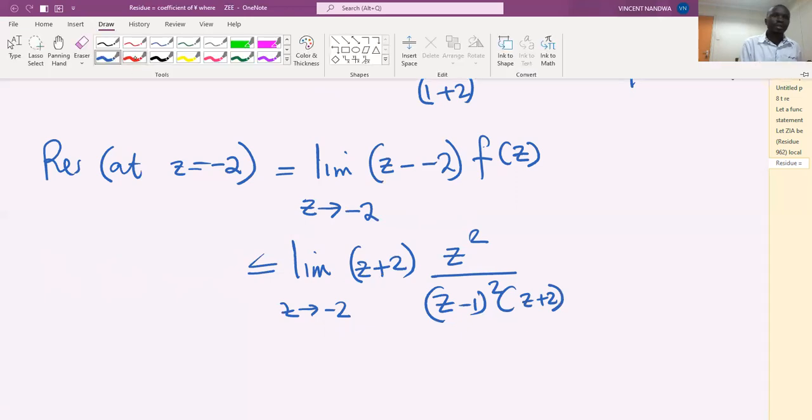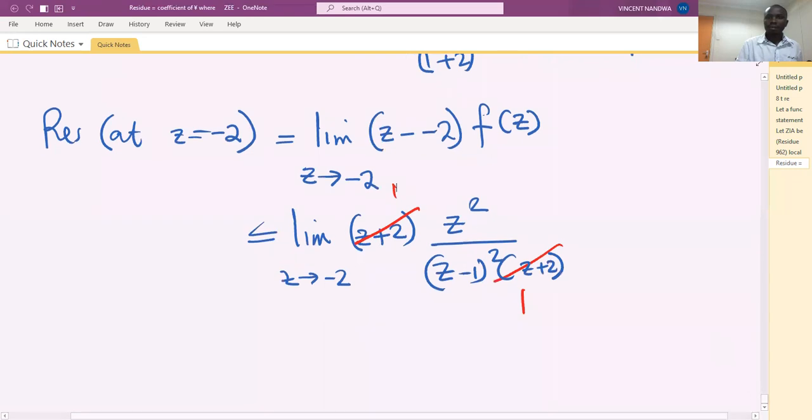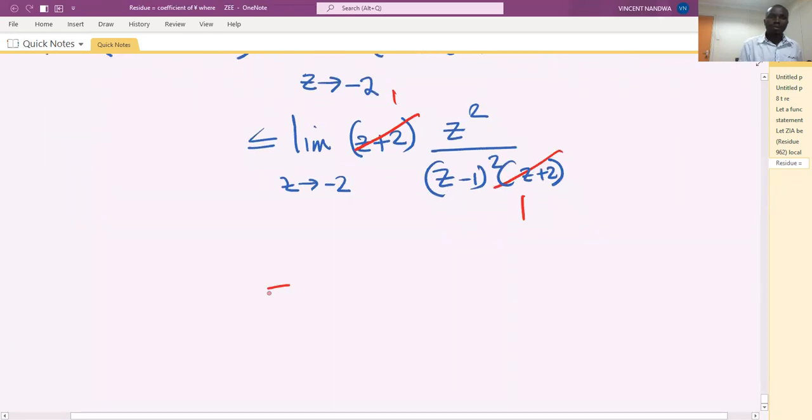And in this, you see that this bracket and this other bracket cancel out. So it will be the limit as z approaches negative 2 of z squared over z minus 1 squared.